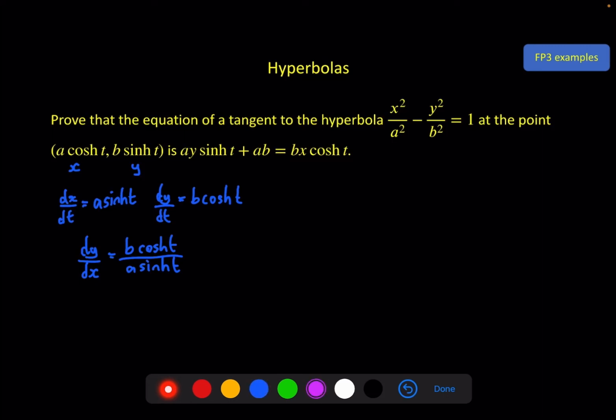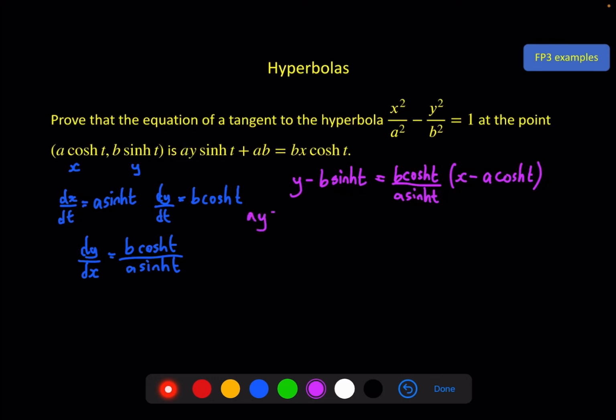So now I've got y minus y1, the general point b sin t, is equal to b cos t over a sin t from our gradient times x minus x1, the x coordinate a cos t of the point P. Now it's just rearranging. Multiply everything by a sin t.